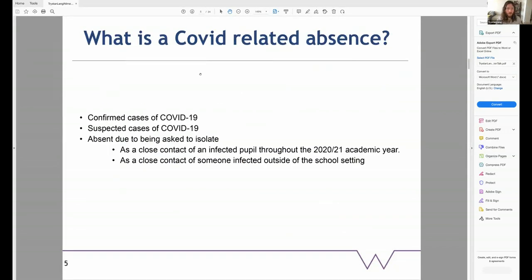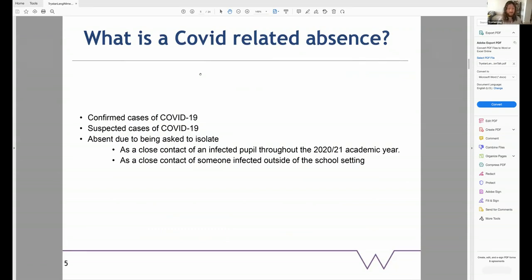So firstly, what do I mean by COVID-related absence? These are delineated within the data into different categories. Firstly, we have confirmed cases of COVID-19. These are absences that are accompanied by a positive test. Secondly, you have suspected cases of COVID-19. So if someone's waiting on a PCR result, that would be a suspected case.